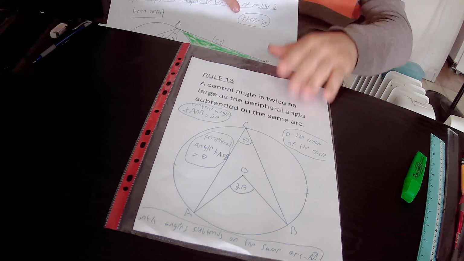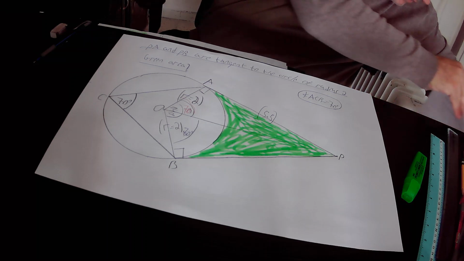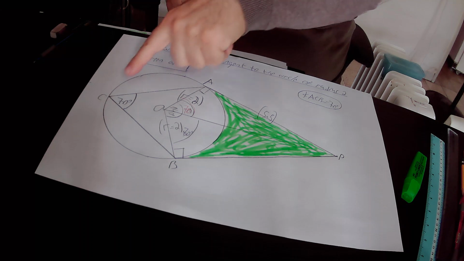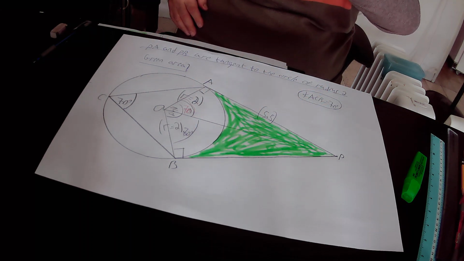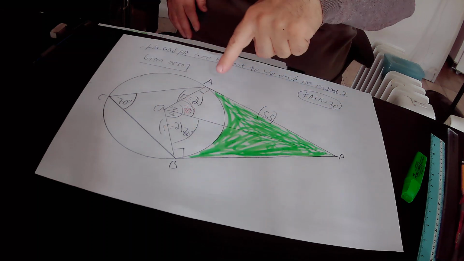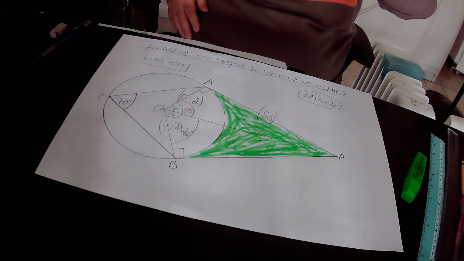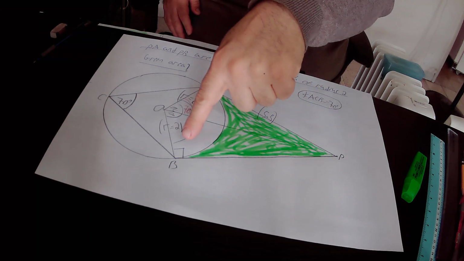Okay. We can actually implement rule 13 in our drawing. Why? Because in our drawing we have peripheral angle ACB equal to 70 degrees in its size, and this peripheral angle ACB is subtended on this arc AB. And we also have the central angle AOB that is subtended on the same arc AB.